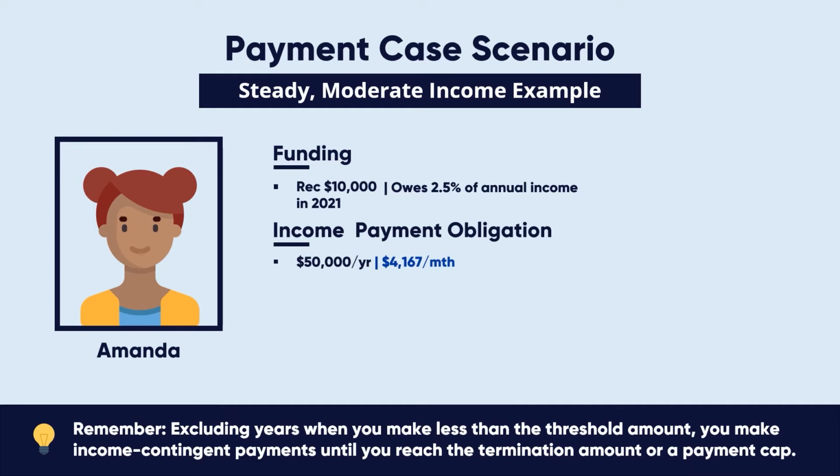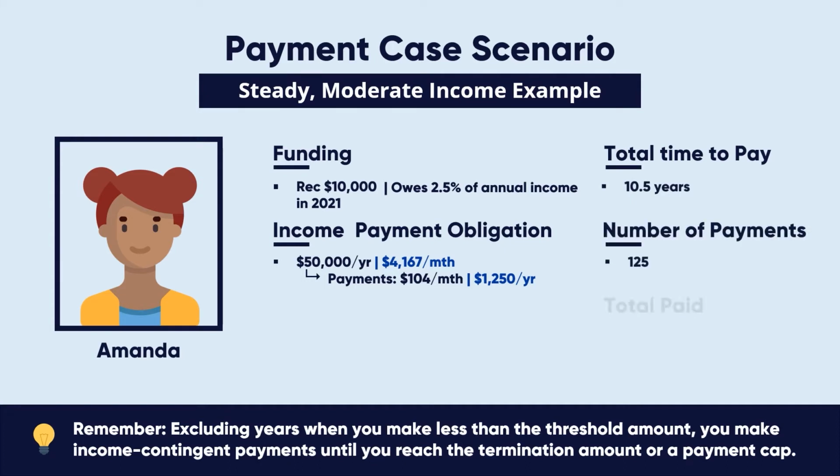On top of her other loans, she makes payments of $104 each month to Student Freedom Initiative, or about $1,250 each year. At this rate, after about 10.5 years, she has made payments totaling $12,991 and has reduced her termination amount to $0. She has now completed her payment obligation.